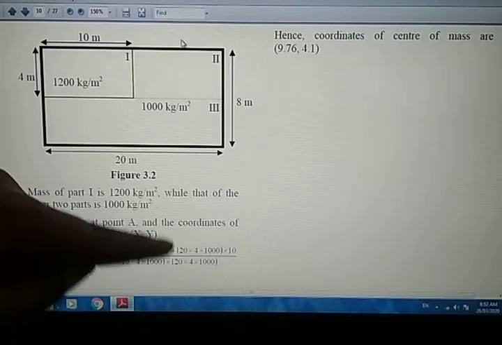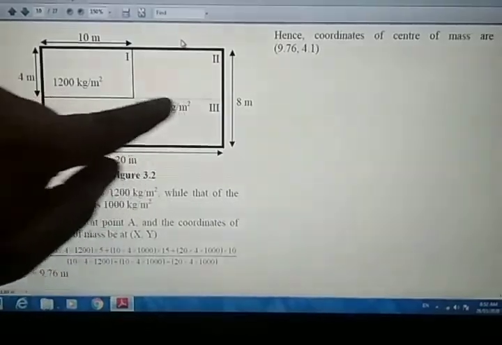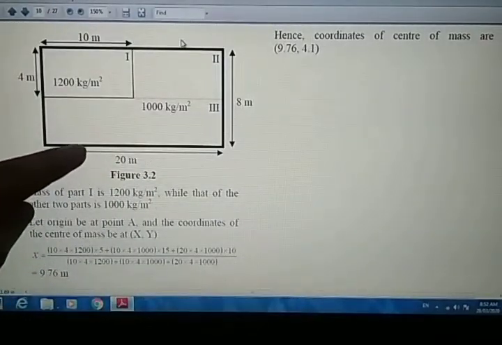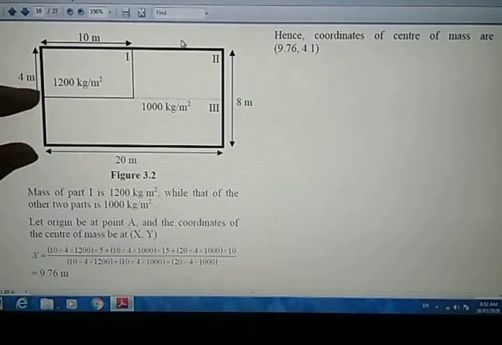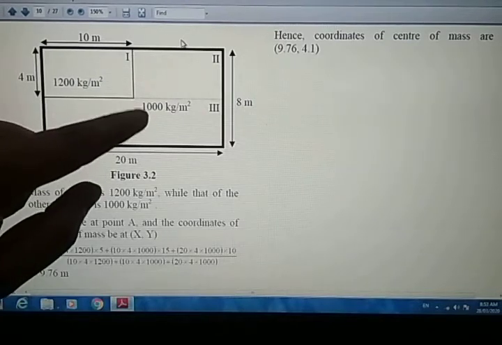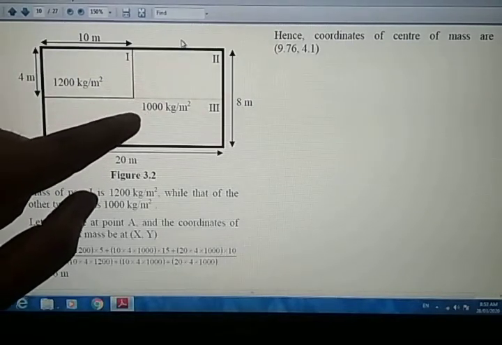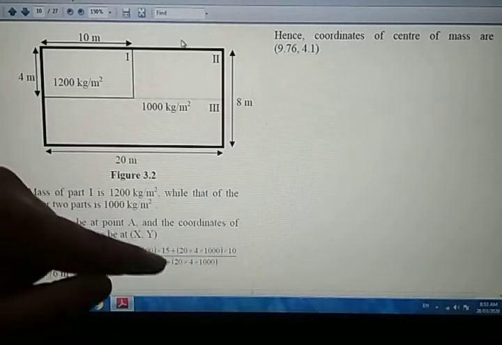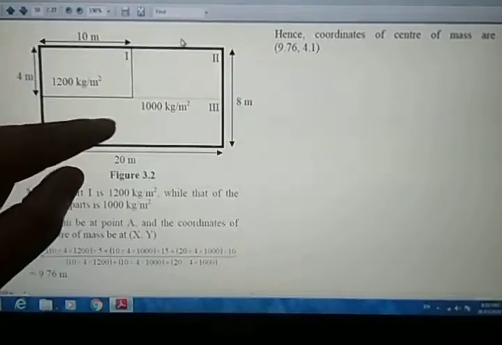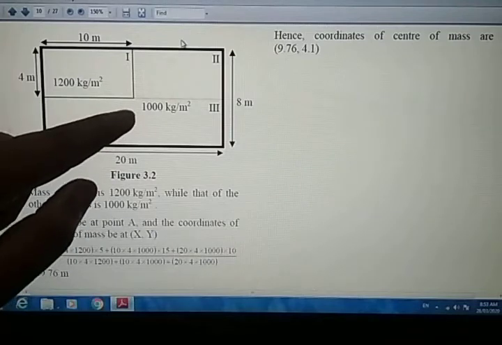Plus the remaining section, having dimensions 20 into 4. This is the area, multiplied by 1000, so it is converted into mass: 20 into 4 into 1000. And what will be the center of mass?